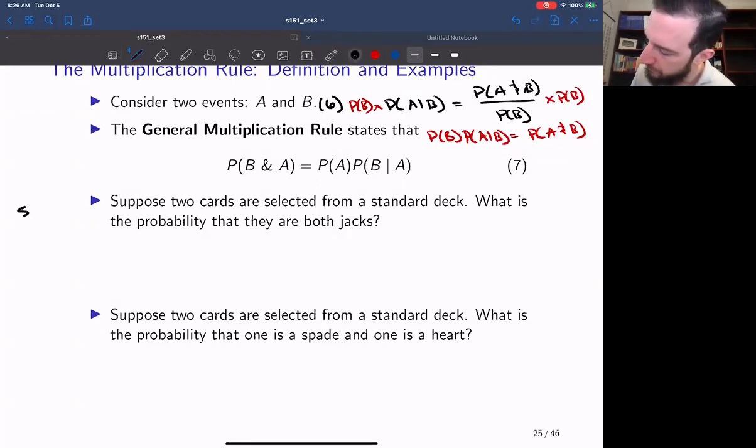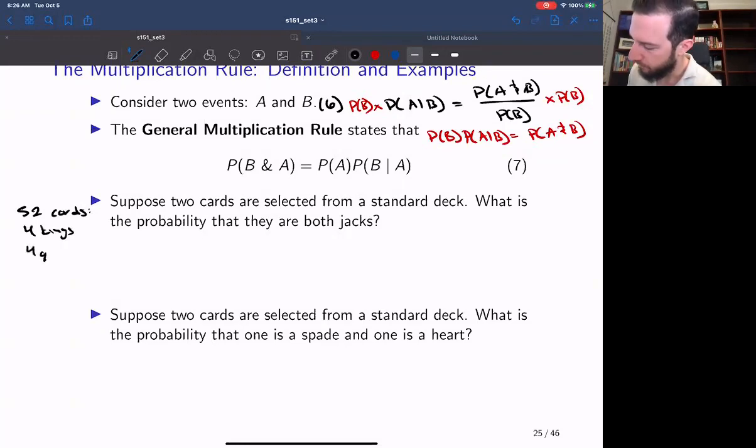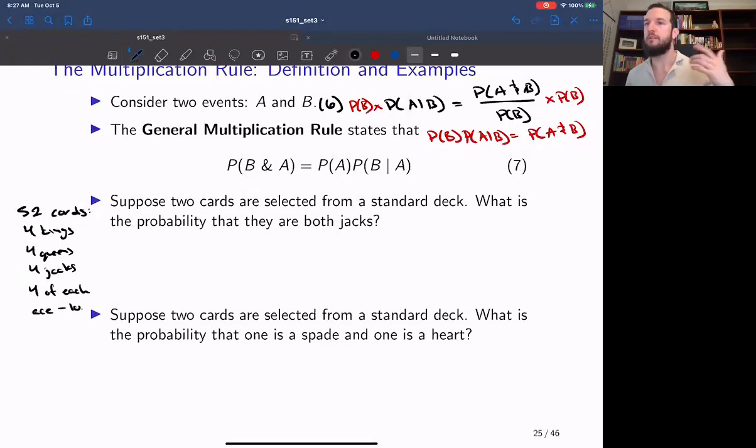So there's 52 cards. We're talking about jacks in this case. So again, we have 4 kings, 4 queens, 4 jacks, and then we have 4 of each ace through 10, right? So 4 aces, 4 twos, 4 threes, 4 fours, 4 fives, 4 sixes, etc.